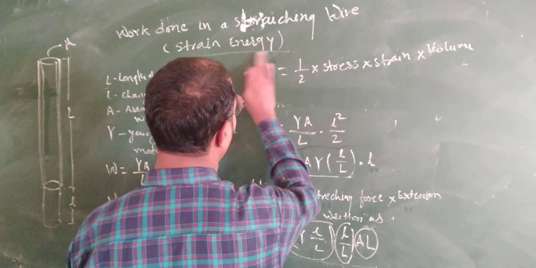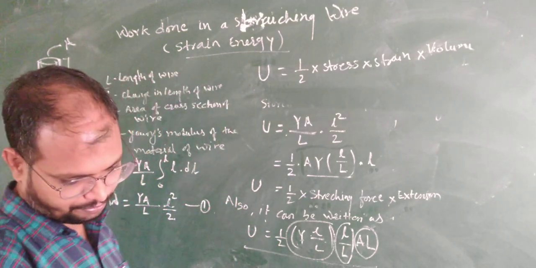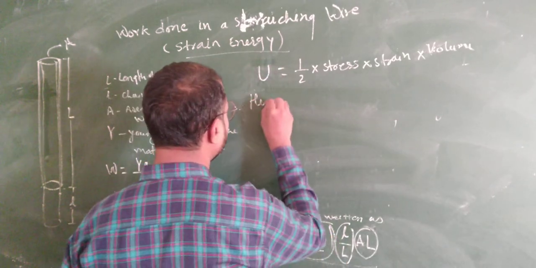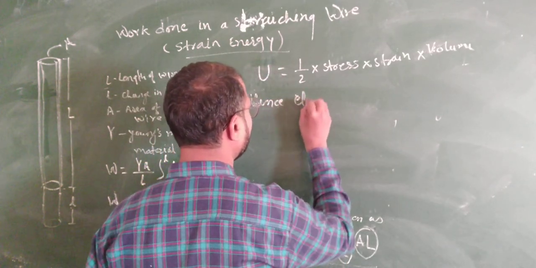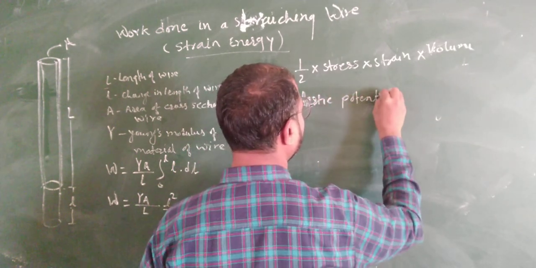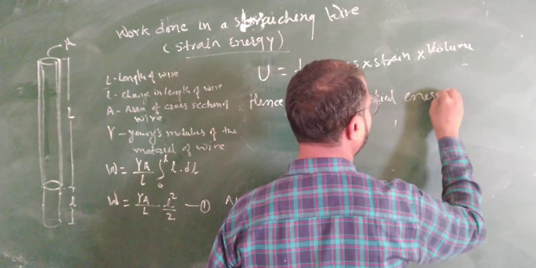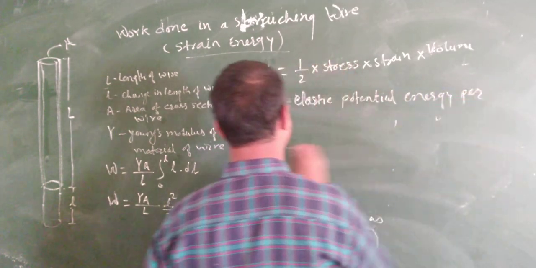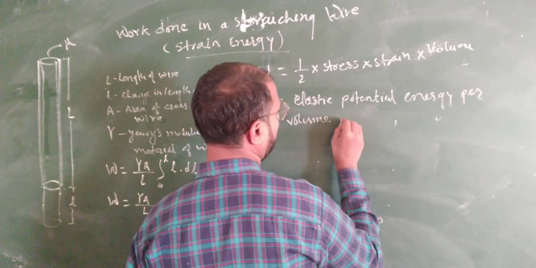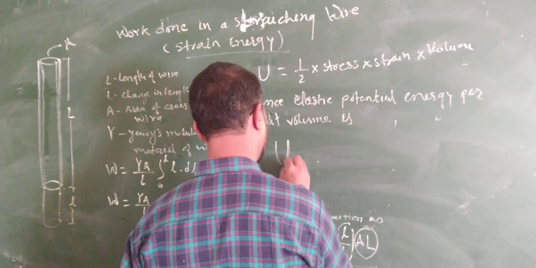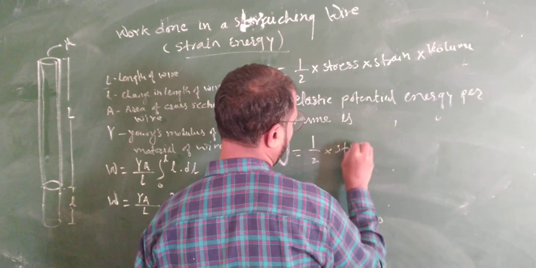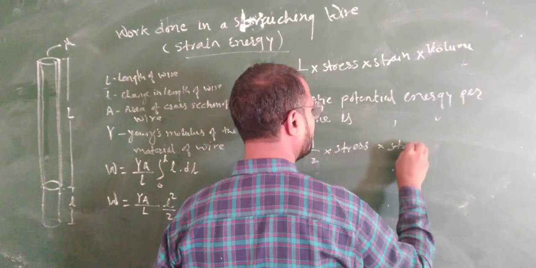Hence the elastic potential energy per unit volume is U is equal to half of stress into strain.